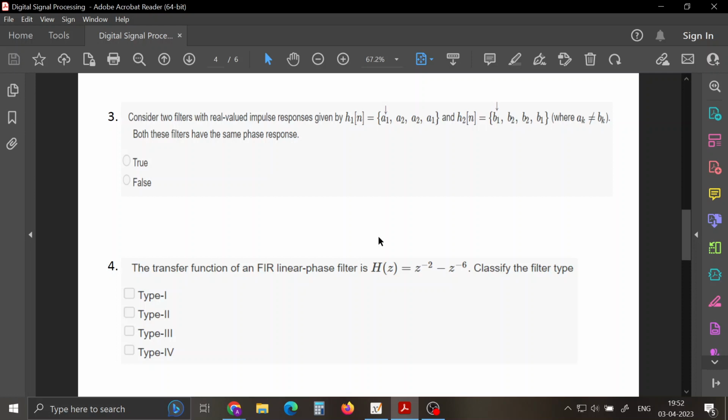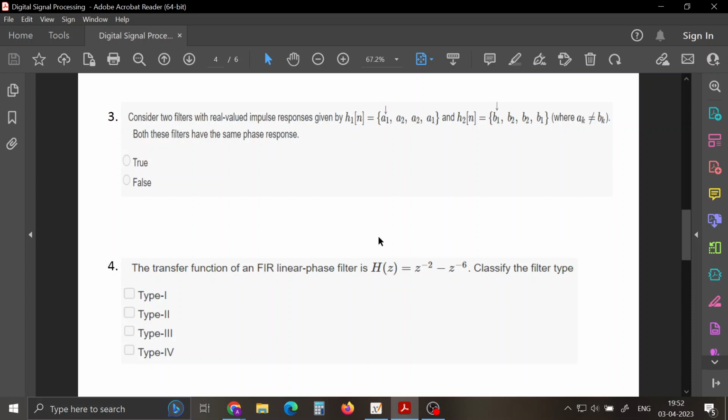We know the characteristics of these individual types of filters. Based on symmetry and the length, we are able to categorize them into these 4 classes. If you remember that table in the lectures, when we had even symmetry and odd length, it was type 1.